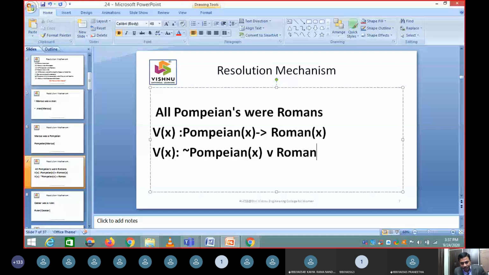So can I say this is in clause form now? Is this statement, whatever I have highlighted, in clause form?